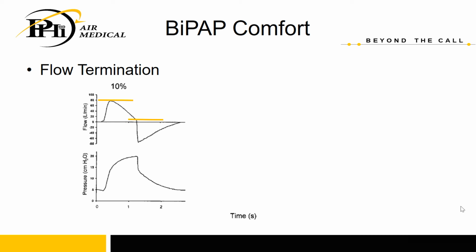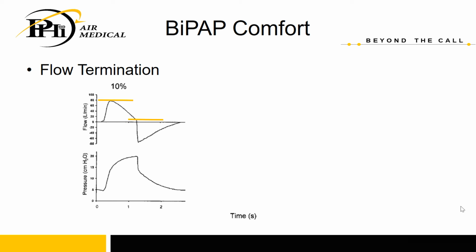If you look at that top gold bar, that is the peak flow into that patient, and that is 100% flow, the peak flow that's going into that lung. But as the lung starts to fill and fill and fill, the flow starts to decrease until eventually it would get back down to 0 as the lung was completely full.